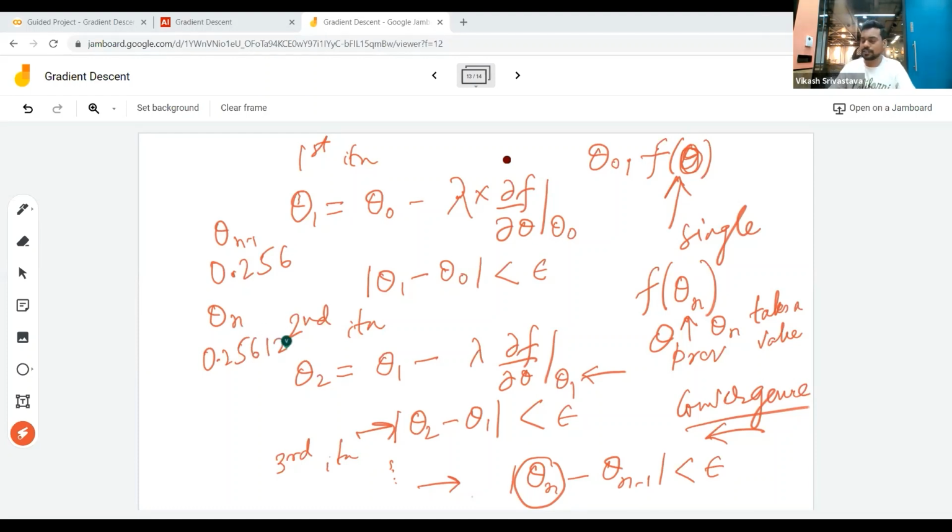So here we'll see the difference, and if this difference is less than 1/1000, we'll say that yeah, these two values are almost the same. That means the update is not happening at all, right? So you can say that theta n minus 1 is approximately equal to theta n, right? So there's hardly any update, and we can say that at this value we'll be getting the minima of the function. Okay, does that make sense, Shriram?